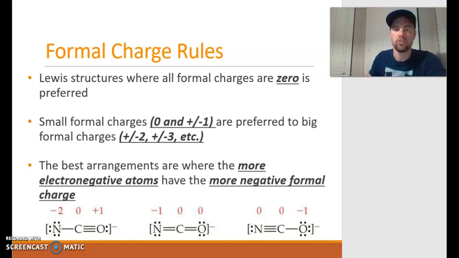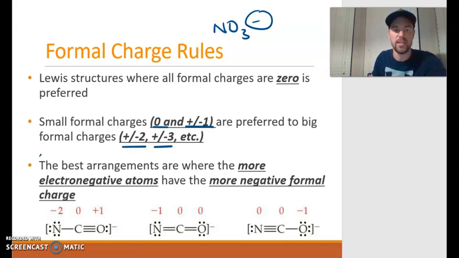Now, if you're looking at an ion, for example, the nitrate ion, there's no way you could get everything to be 0 because you know something has to be -1. So in that case, small formal charges like plus or minus 1 or even 0, obviously, are much more preferred than plus or minus 2 or plus or minus 3. The higher the magnitude, the more unstable.